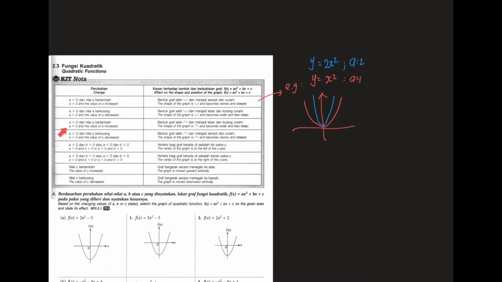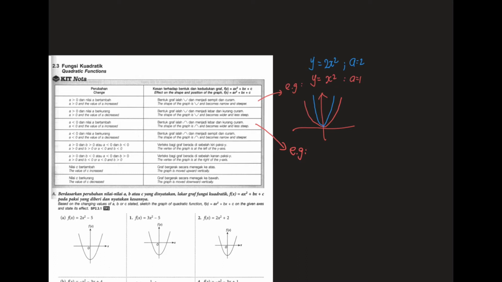Now the next one, a is less than 0 and the value of a increases. Okay, so let me put an example here for the third case. Example, a is negative. Let's use blue color.